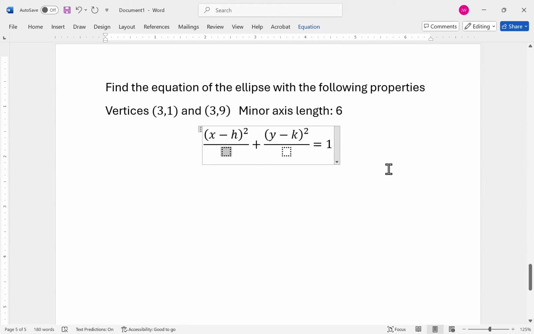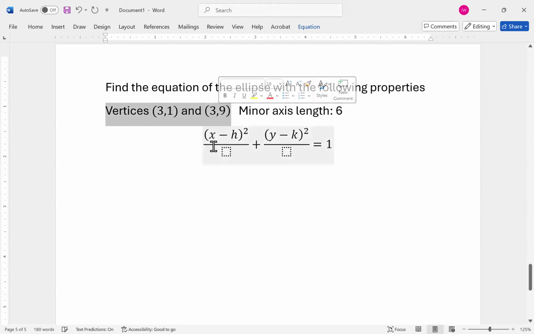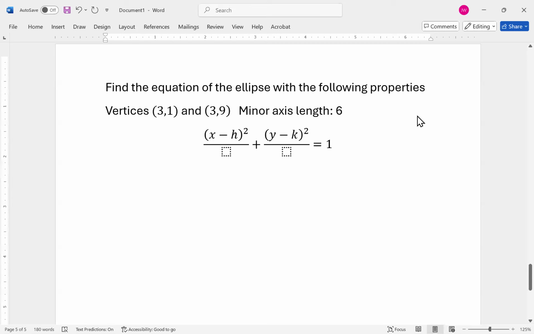So one of these will be a squared, one of these will be b squared. It says the vertices are at (3, 1) and (3, 9). If I just sketch a really easy sketch on the graph paper, (3, 1) and (3, 9) are aligned vertically.